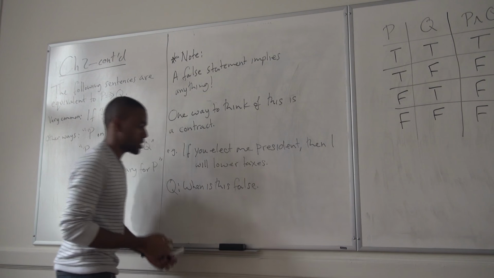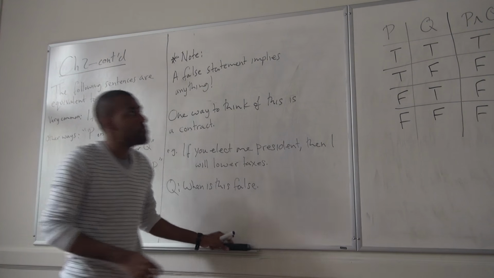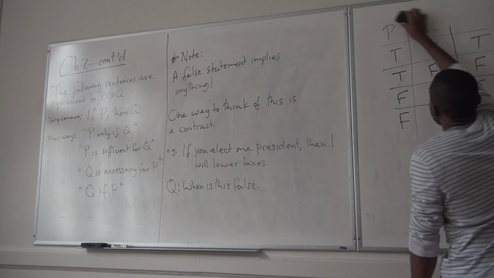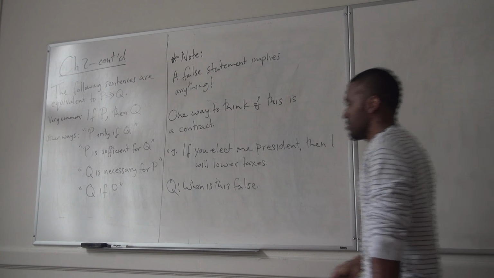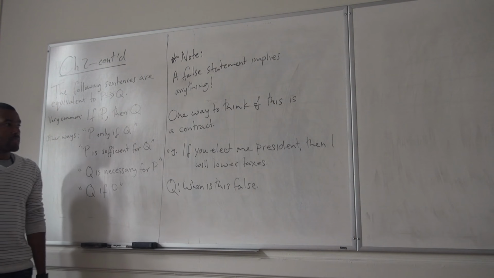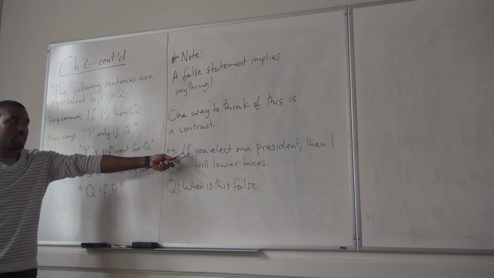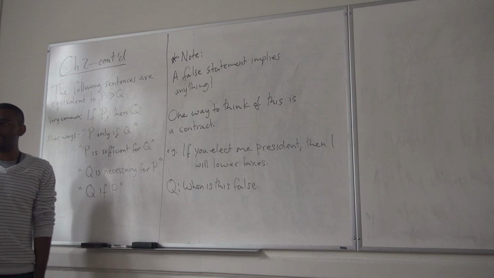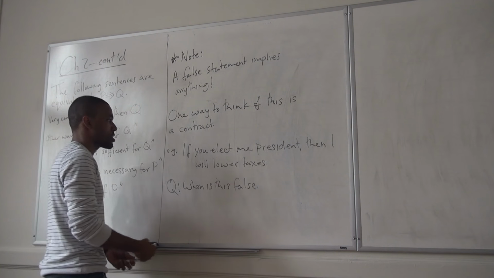When will you be able to say the person who made that statement told me a lie? You elect them or don't elect them. If we actually elect him president, and he doesn't lower taxes, then we will say, you're a liar, right? You didn't tell us the truth. You told us a false statement.